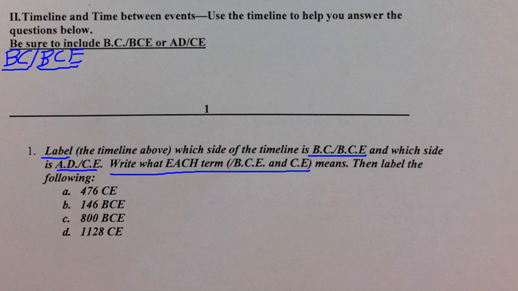On the right side, I have AD, the traditional term, or CE, the newer term. AD is a Latin phrase that means Anno Domini, and if we translate that into English, it means in the year of the Lord, or in the year of our Lord for Christians. The second of these terms is CE, and that means the Common Era.